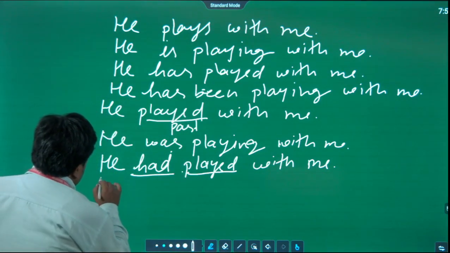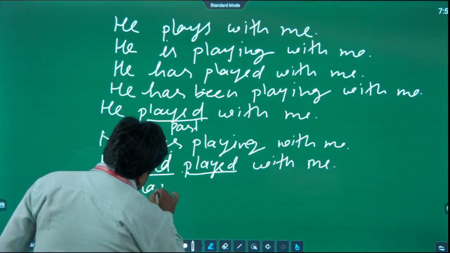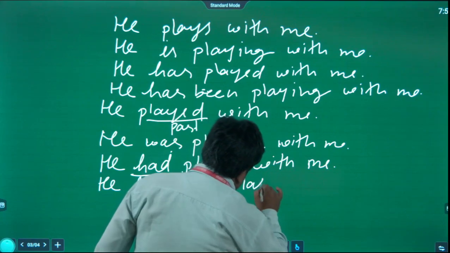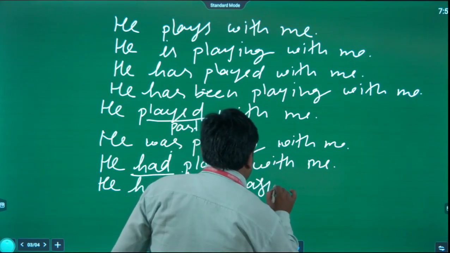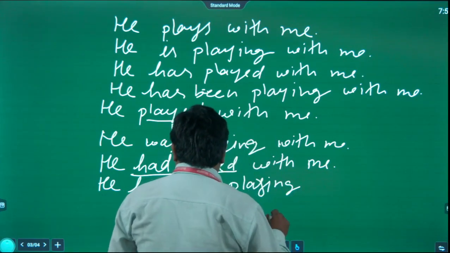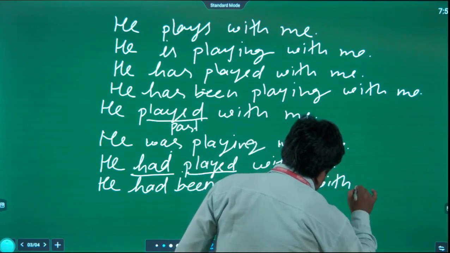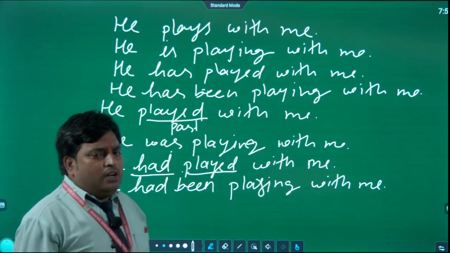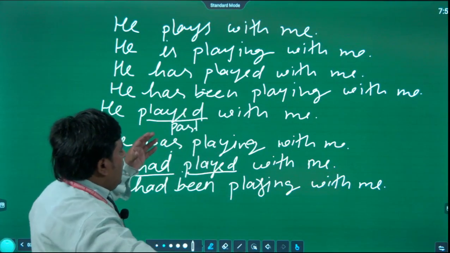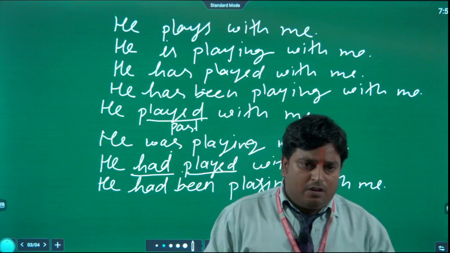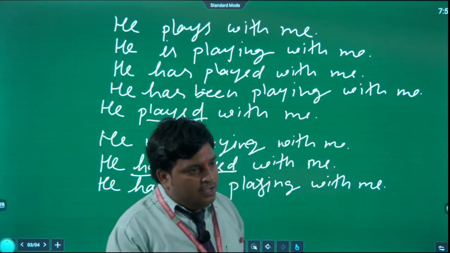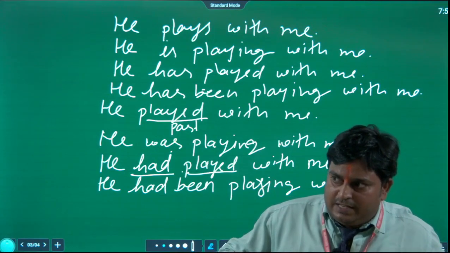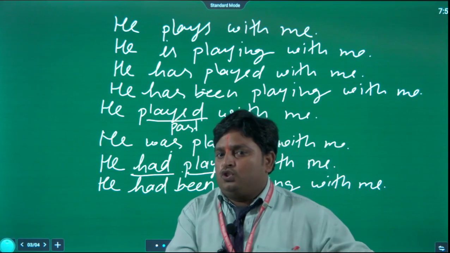Here the next, he had been playing with me. Here, dear student, one thing more: in every perfect continuous tense we use a timing word. For a fixed time, a point of time, we use since, and for a period of time we use for.